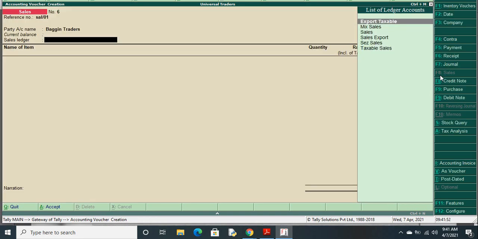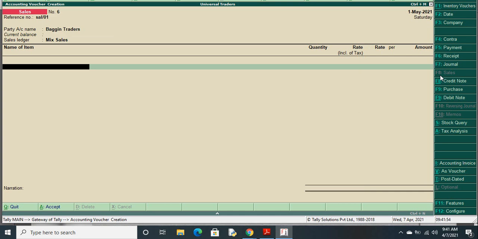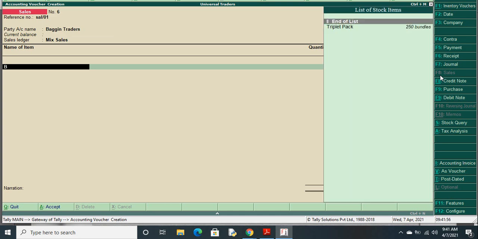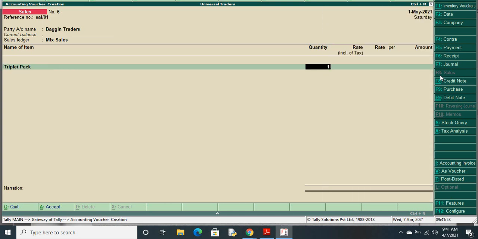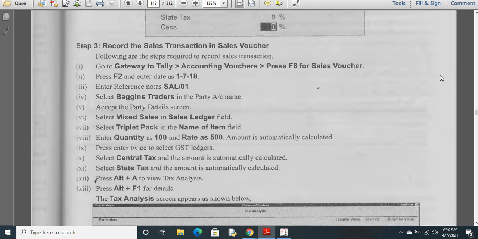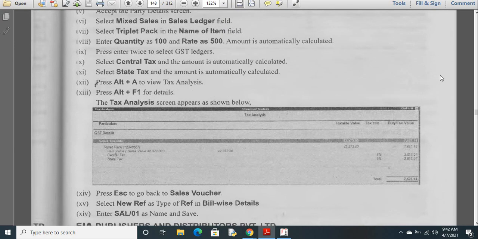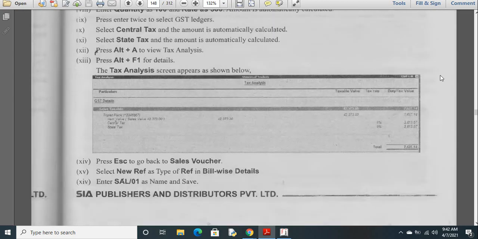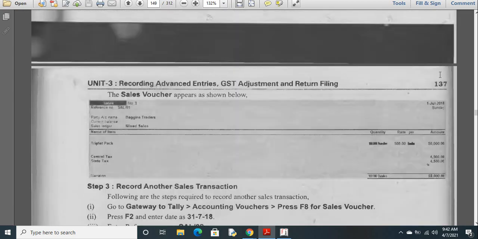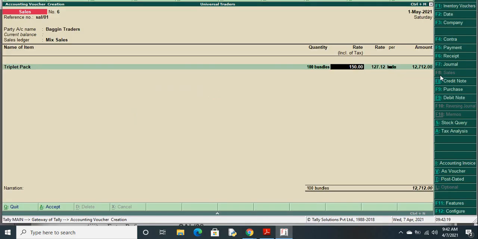It is a mixed sale, triplet pack, 100 at 500.